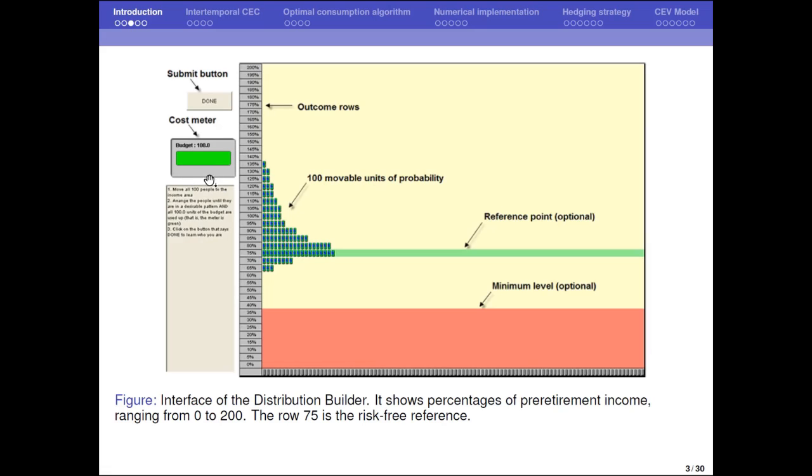You have a budget that is 100, representing 100%, and you have the limit of the budget.